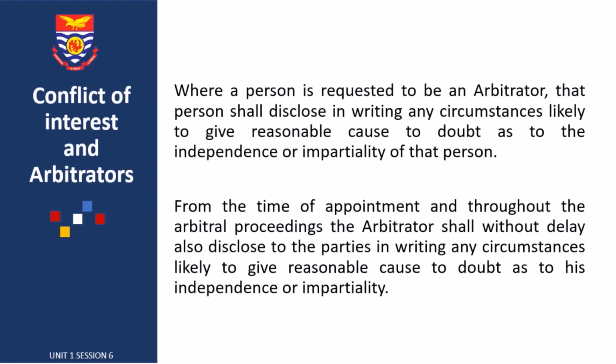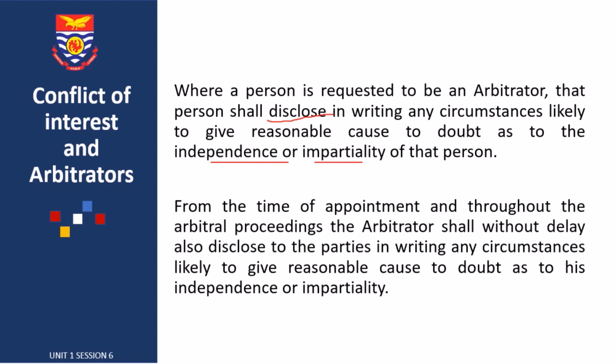Now, conflict of interest and arbitrator. You should understand that where a person is requested to be arbitrator, that person shall disclose in writing any circumstance that is capable of affecting the person's independence and or impartiality.